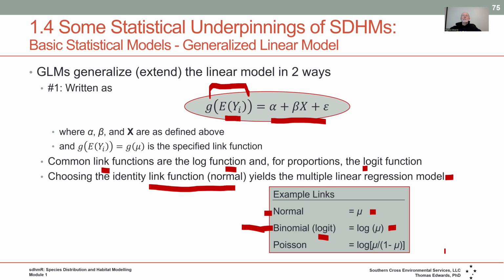So all you're doing is swapping out this normal distribution with this logit through this part right here of the equation. And then that allows us to not deal with continuous variables, but discrete response variables.